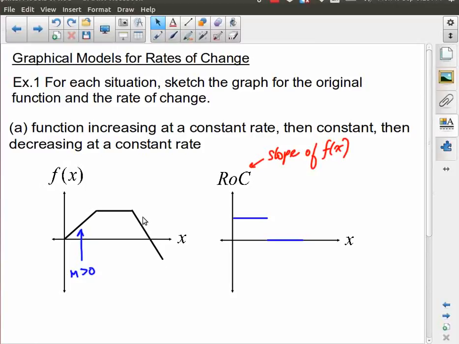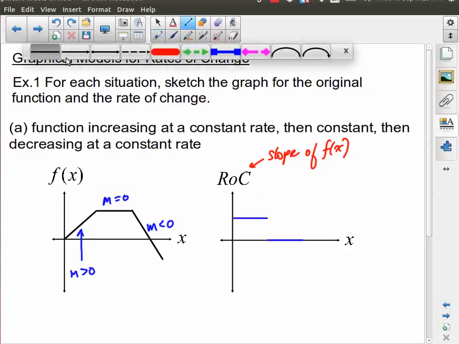So what kind of slope is that? That's a negative slope, and constant rate means it's staying the same. So here I had slope greater than 0. Here I've got a slope equal to 0. Here I have a slope less than 0. So how do I get a slope less than 0? That's going to be down here. It's more steep than the positive slope. So I'm going to try.